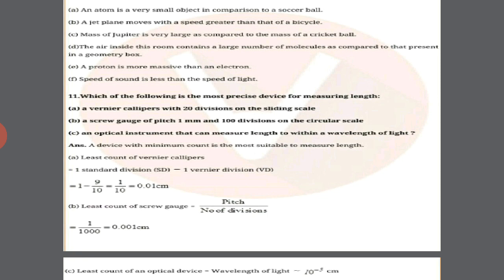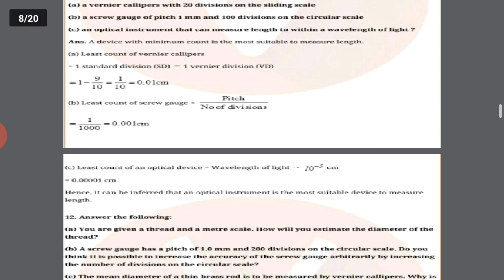A device with the minimum least count is the most suitable to measure length. For part A, the least count of the vernier caliper will be 1 standard division minus 1 vernier division, which is 1 minus 9 by 10, that is 1 by 10, 0.01 centimeter. The least count of the screw gauge is pitch upon number of divisions, 1 by 1000, that is 0.001 centimeter.